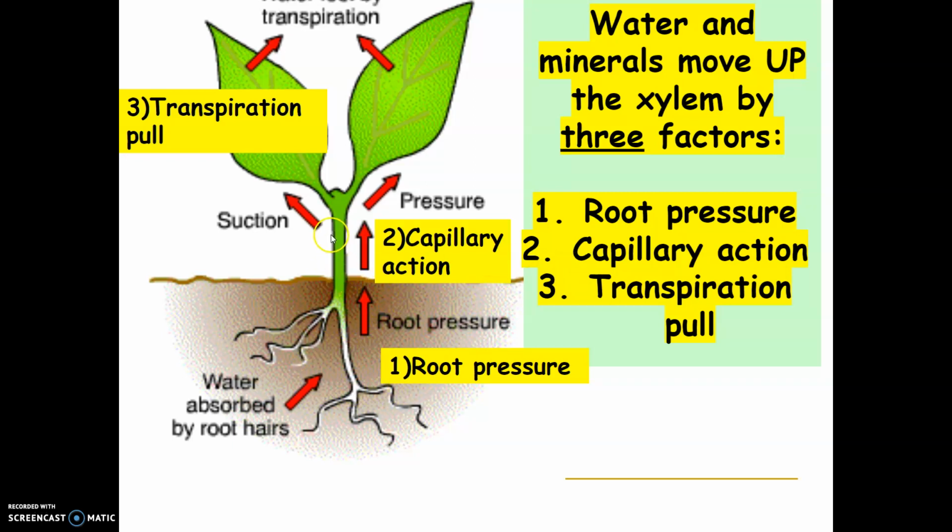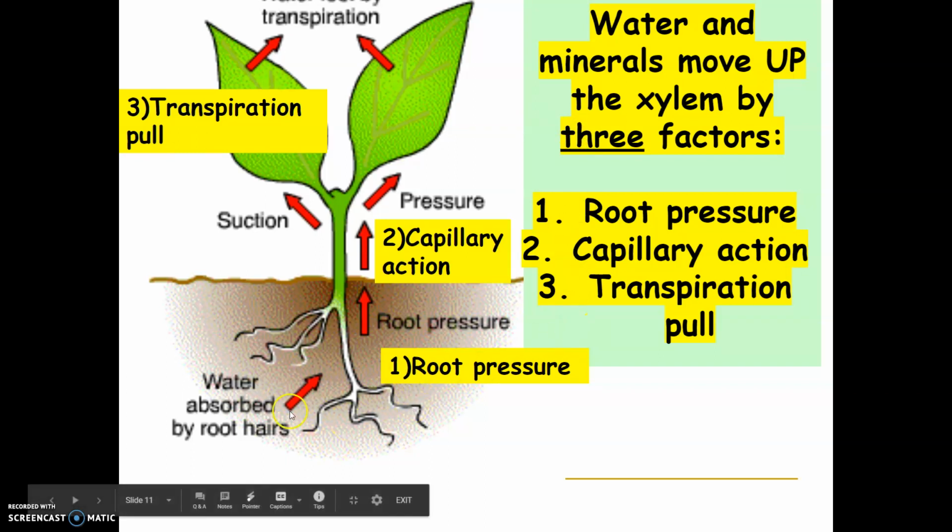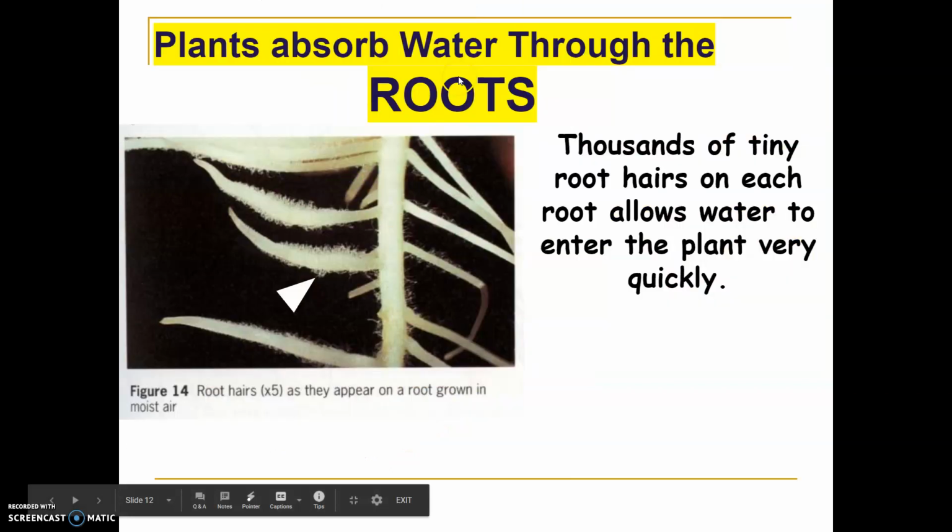Once it gets into the stem, it can move by capillary action. And the most important way that it gets all the way to the top is a process called transpiration pull. So you need to know that these three ways or processes are how water gets from all the way down here all the way to the top.